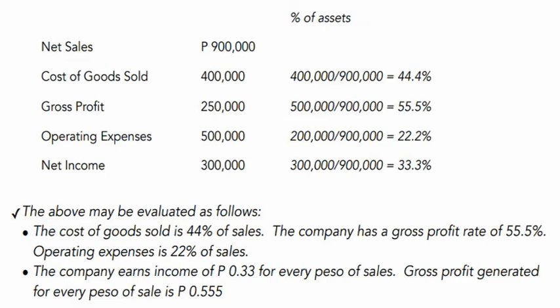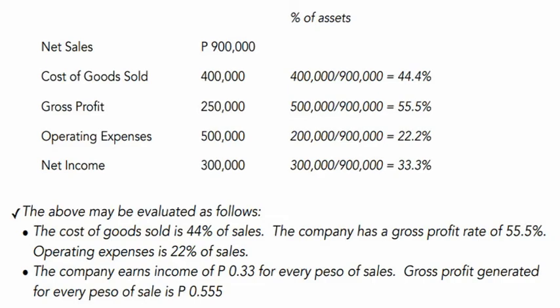So, the cost of goods sold is 44% of the sales. So, the company has a gross profit rate of 55.5%. So, the operating expense is 22% of the sales.